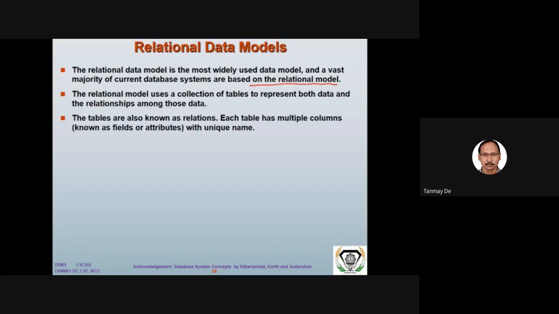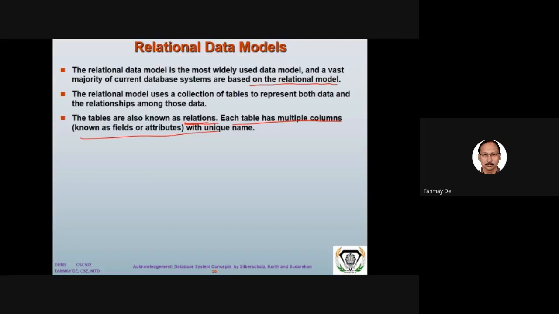Tables are sometimes called relations, and each table has multiple fields or attributes to describe the table. Of course, each of the fields has a unique name. For example, suppose the customer table or customer relation.